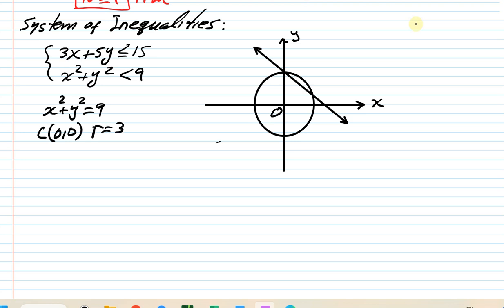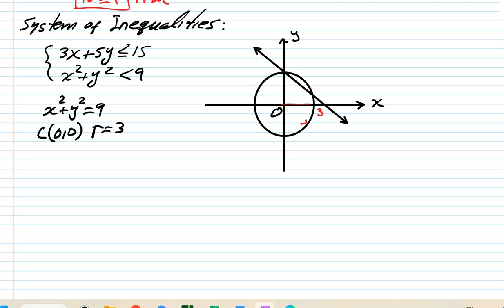So from here to there is 3. All these distances are the same, equidistant. So the radius is 3, and so is this one, which makes the x component 3.